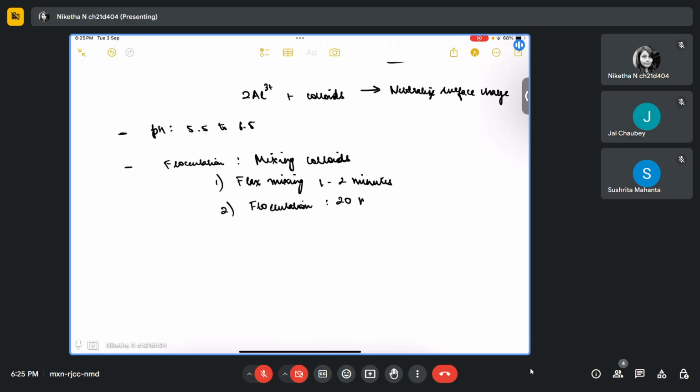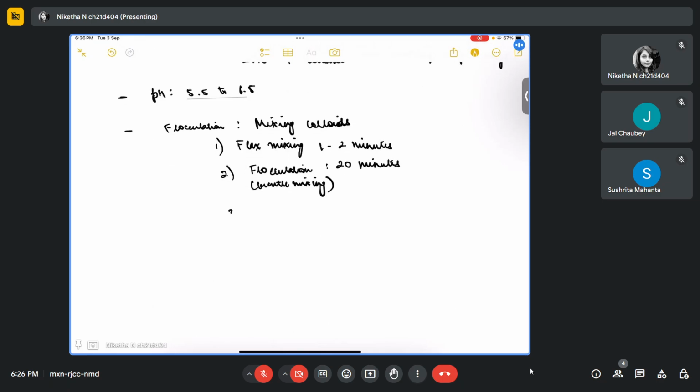This will be done for 20 minutes. So the mixing is done in 2 stages. The first stage is flash mixing, where you rapidly mix for 1 or 2 minutes, and then this will be followed by flocculation, which is just gentle mixing, done for around 20 minutes.